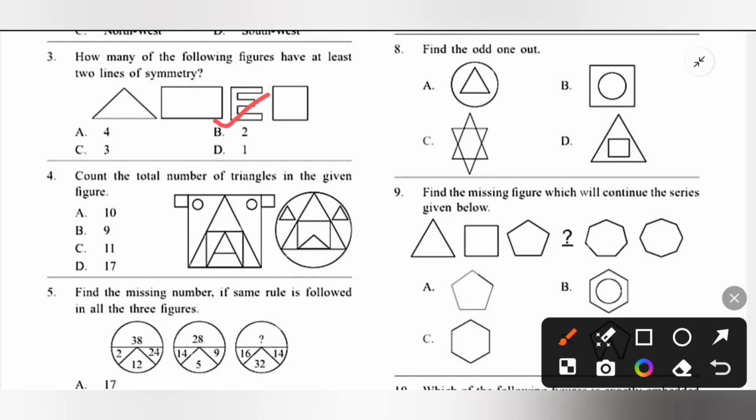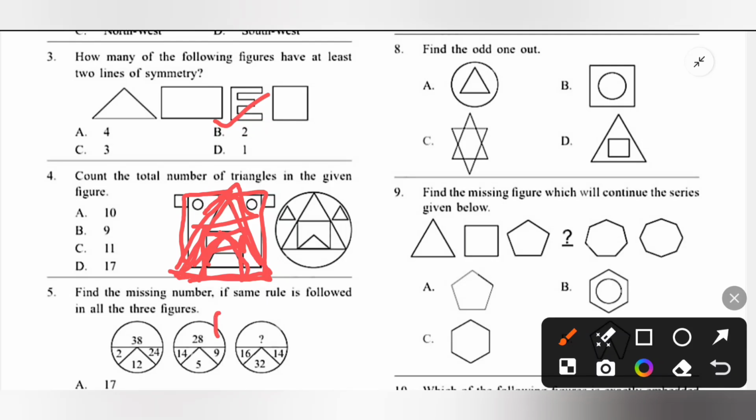Fourth one, count the total number of triangles in the given figure. So please pause the video and count the total number of triangles. Okay, so 1, 2 and then 3. Okay, 3. So 4, 5, 6, 7, 8, 9, 10.